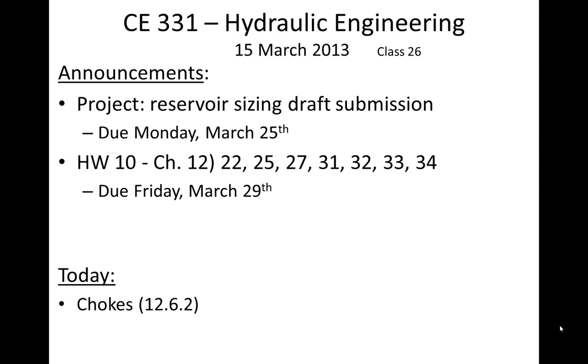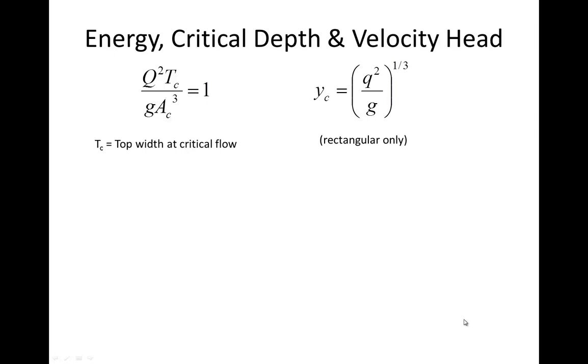Today we're going to talk about chokes. And we've covered some of the basic concepts related to chokes previously. The Froude number equation, as is shown here on the left, tells us that as a function of the channel geometry and the flow conditions, that combination of variables at critical flow is equal to 1.